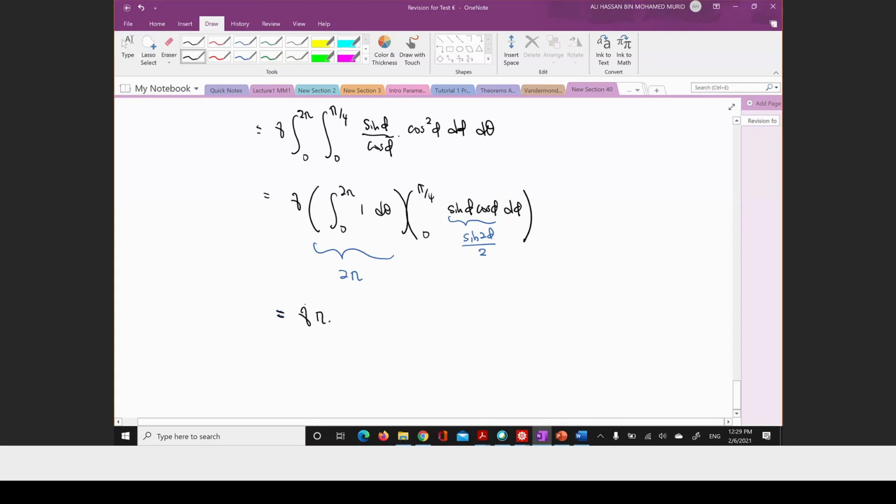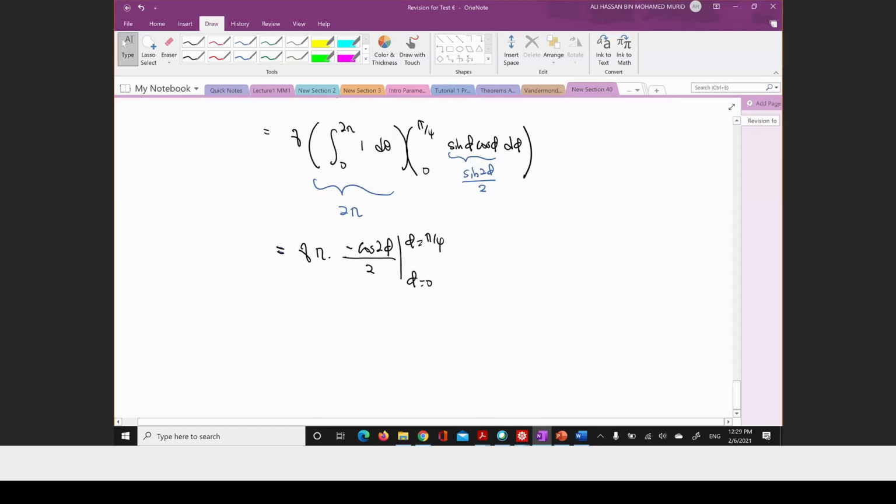So we integrate sine 2 phi. What do we get? We get minus cosine 2 phi over 2. So 8 over 4 is 2.